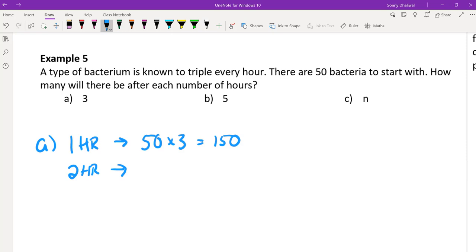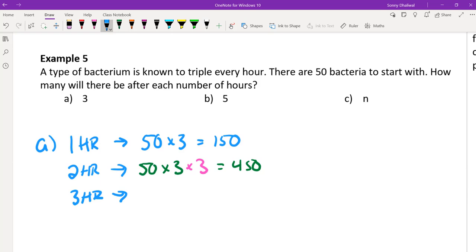If you bear with me, because we want to see a pattern, we have the 150 times 3, and we're going to multiply by 3 again. So we have 150 times 3, which equaled our 450. All right, so after 3 hours, that's what the question asks. How many bacteria do we have?